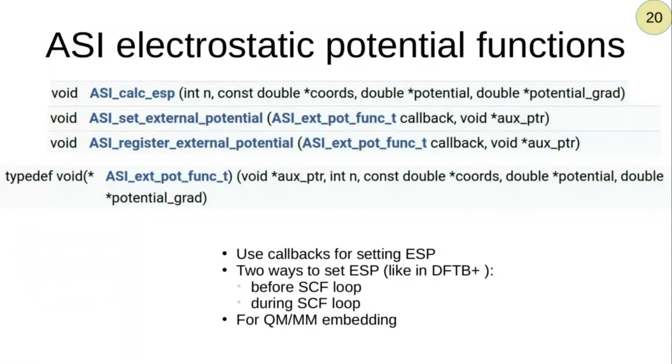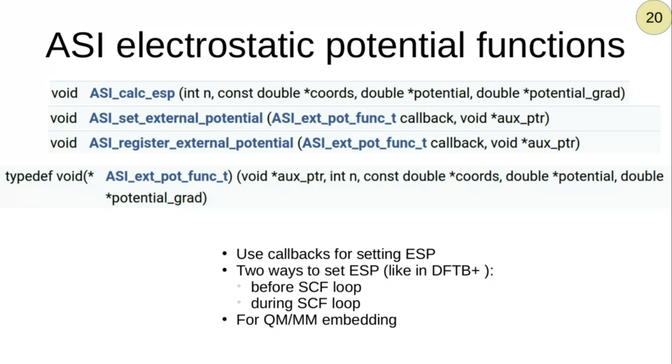More interesting functions are electrostatic potential functions that can be used to extract external electrostatic potential from the part of the system that is computed with DFT, or vice versa, to import the electrostatic potential from the surrounding molecular modeling subsystem into the DFT code.